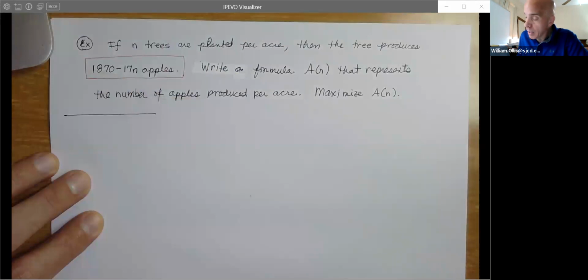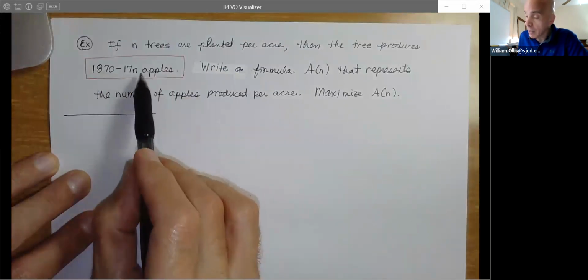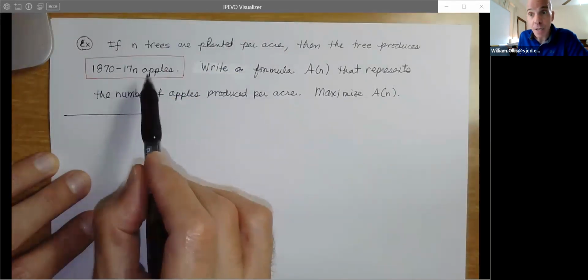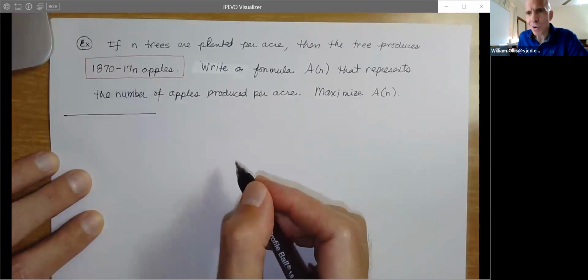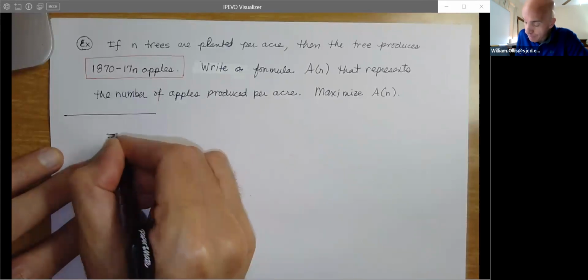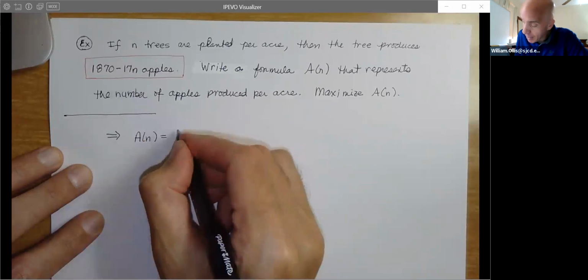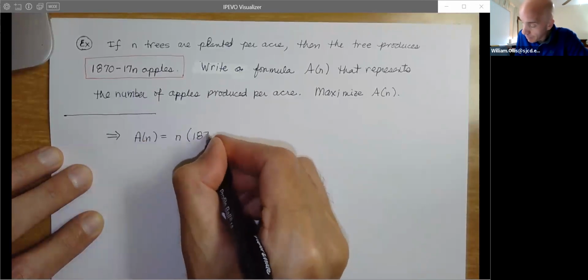And so the apples produced per acre, A sub n or A of n, will just be the output per tree times the number of trees, right? So we're like, oh, how nice is this? It's already factored, at least somewhat. So this implies A of n will now be n times the output per tree.